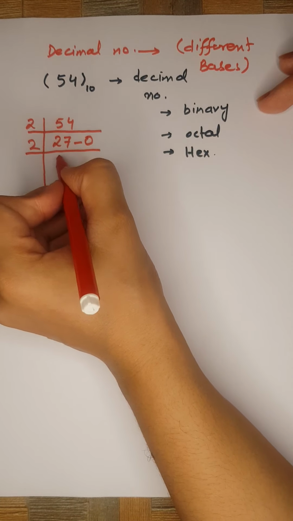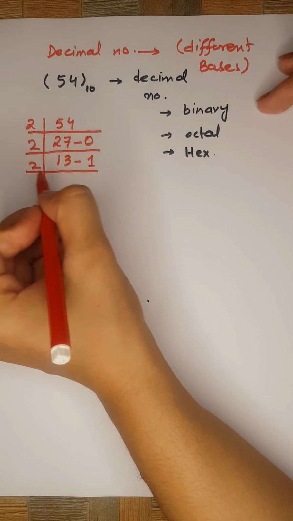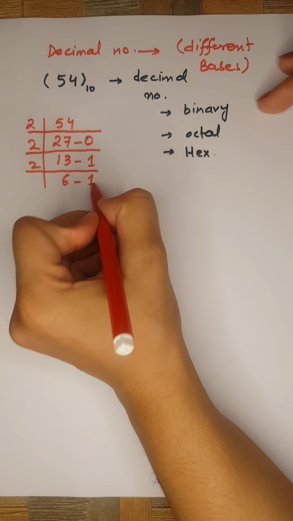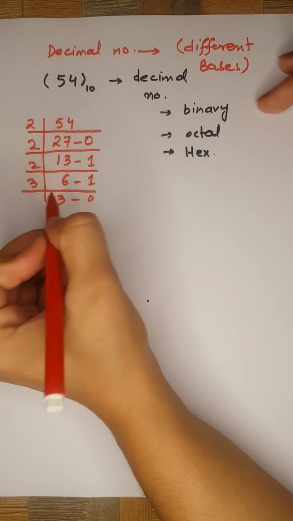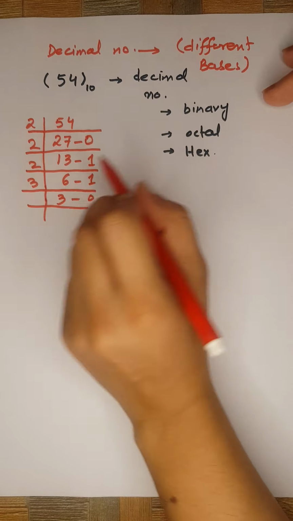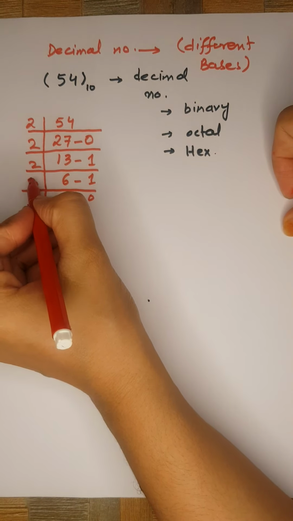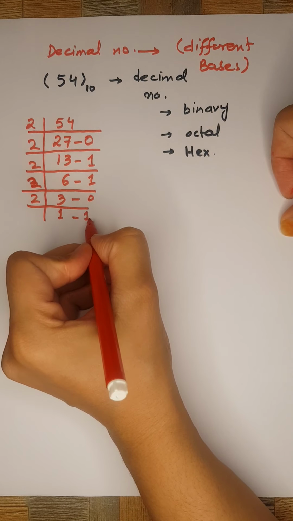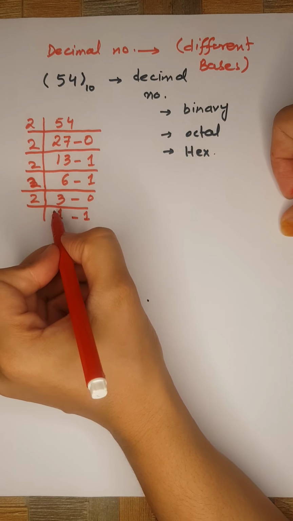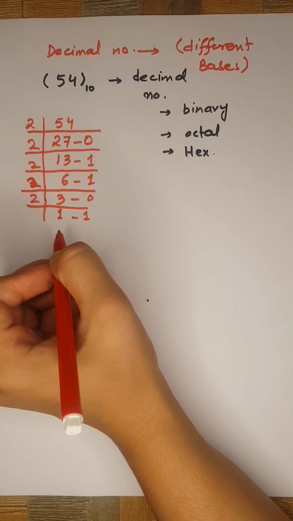Then 2 1s are 2, 2 3s are 6, and there you get the remainder 1. Similarly 2 6s are 12, and remainder is equal to 1. 2 3s are 6, remainder is equal to 0. The last step is dividing by 2. So 2 1s are 2, and the remainder is equal to 1.